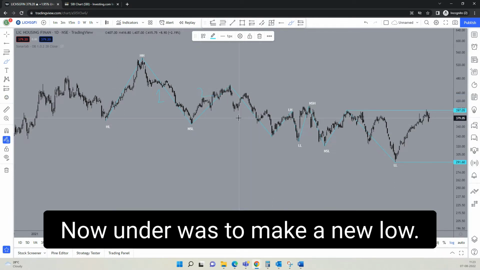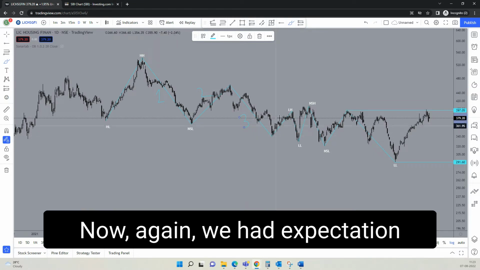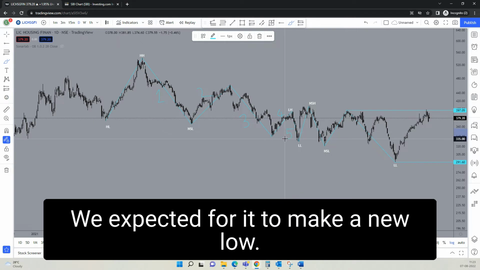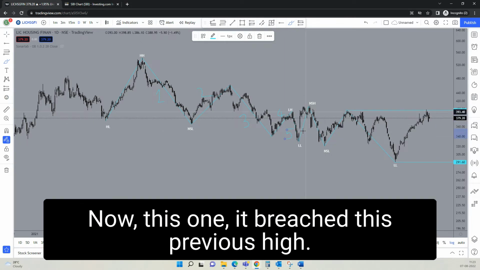Another was to make a new low, it has already passed. Again, we had the expectation that price should move up. We got that, it is passed. We expected it to make a new low, it has made it. It is also passed.